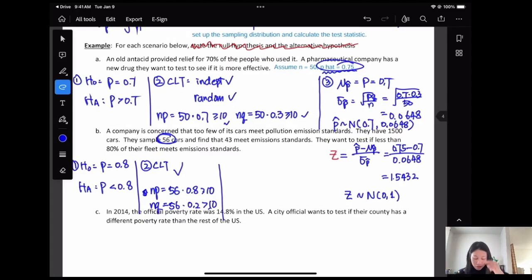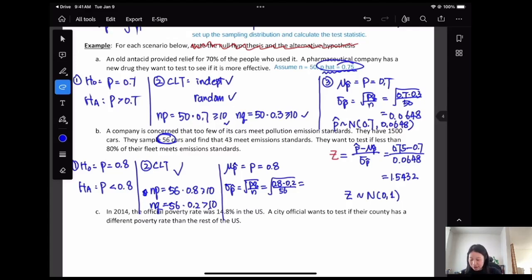All right, now how do we set this up? Well, first, if you want to set up a sampling distribution of proportion, you want mu of p hat, which equals the null hypothesis value, 0.8, because we build around the null hypothesis. So the center must be 0.8. And then sigma p hat is equal to the square root of p times q over n, which is 0.8 times 0.2 over 56 cars.